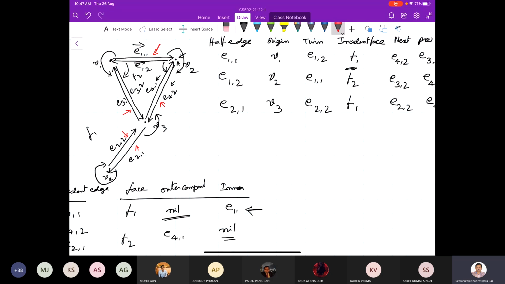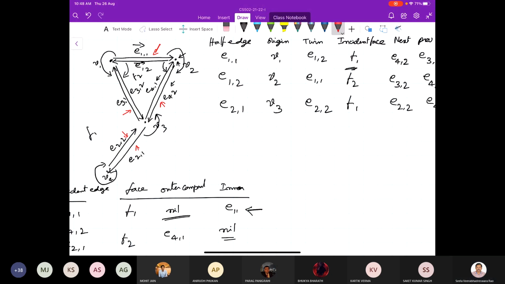What is the next of E41? It is the edge immediately next in the clockwise direction at the destination, E12. Similarly, what is the next of E12? E32. So we can output the boundary in this manner.